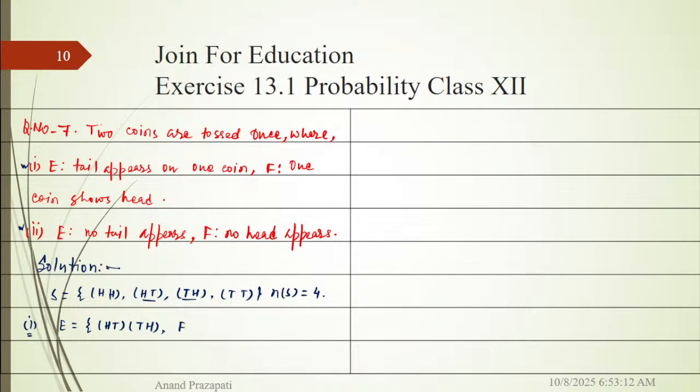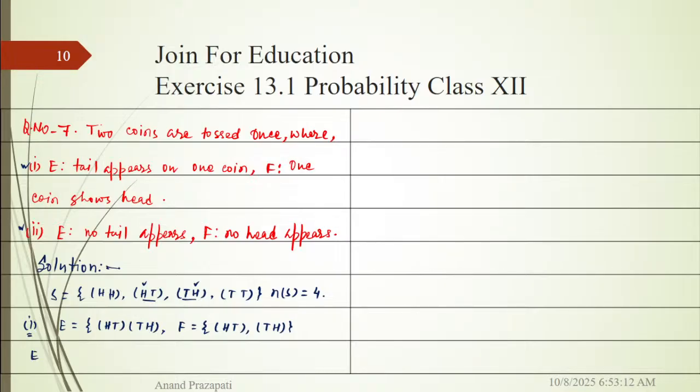Let's see event F. Event F is saying that one coin saw head. It means that this one and this one. So we write down here HT and TH. Hope that there is no problem to understand up to this step.